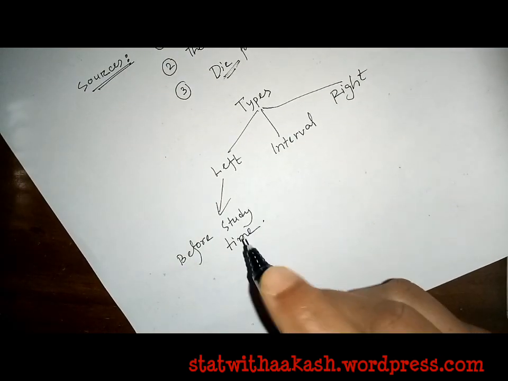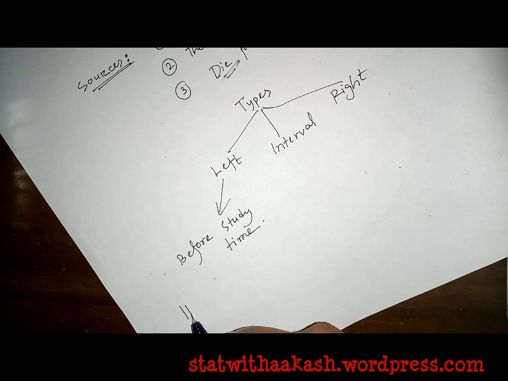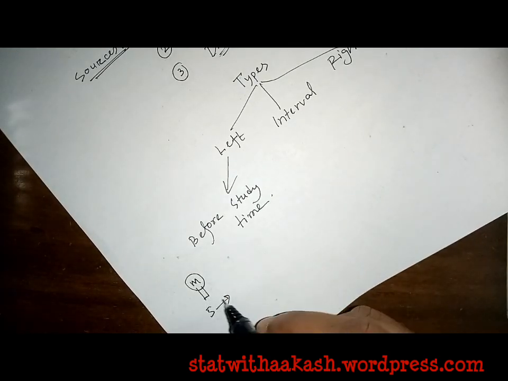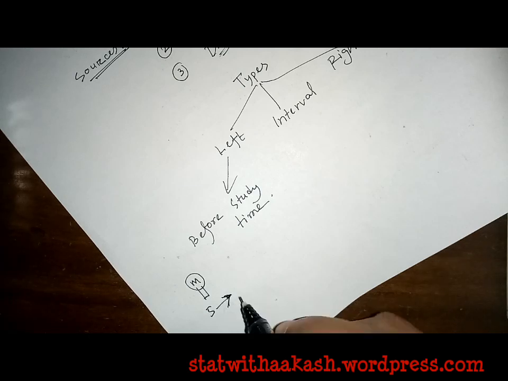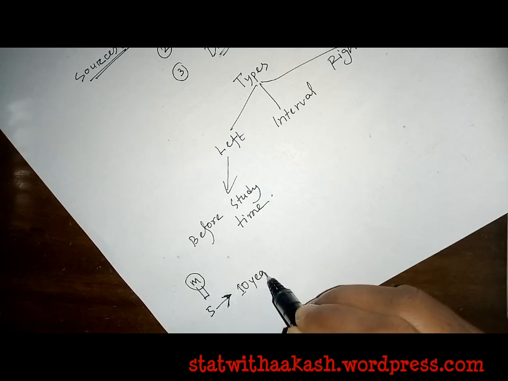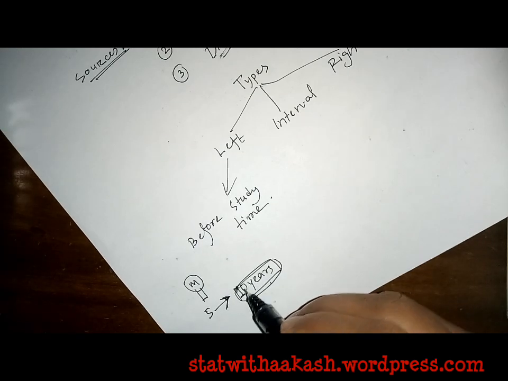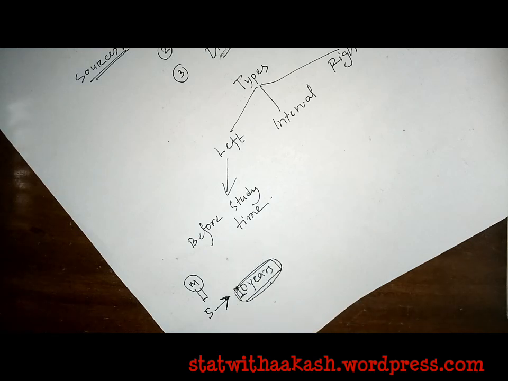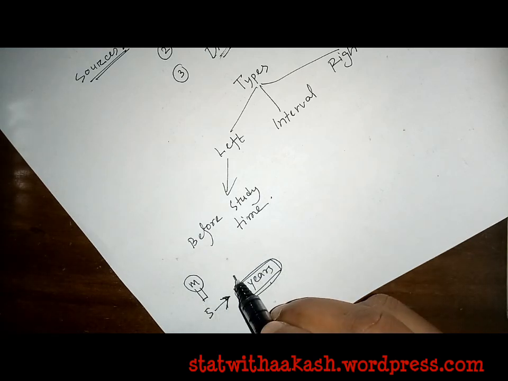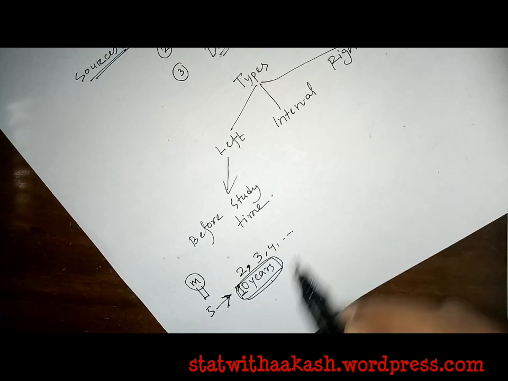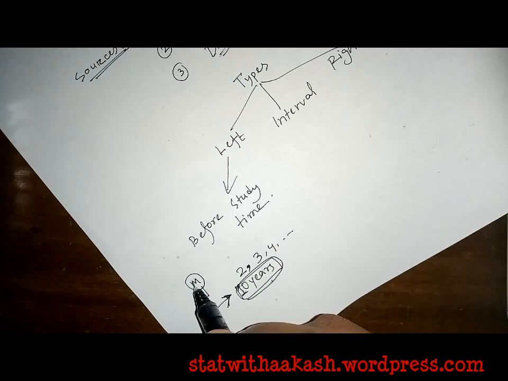For this, I would like to share with you a bulb example. You have bought 5 bulbs and you wanted to check how many years these bulbs would give you service within the next 10 years. You will check them for 10 years, because some can be broken within 2 years, some can stop working in 3 years, 4 years, and so on.